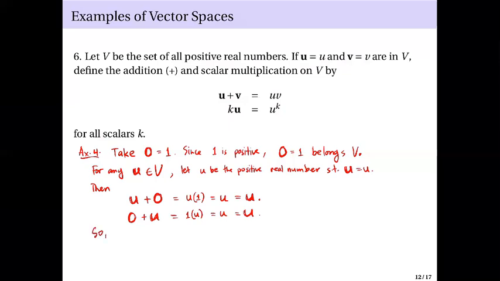So the 0 vector is 1, the positive number 1. That's axiom number 4.